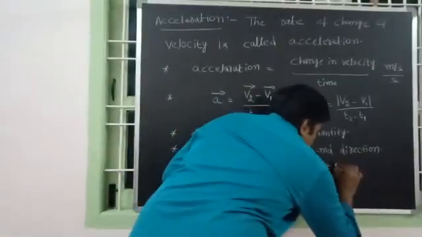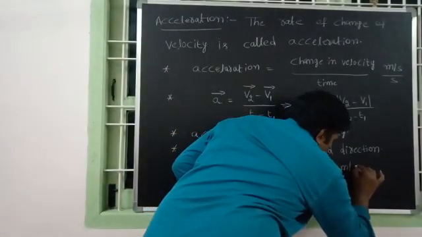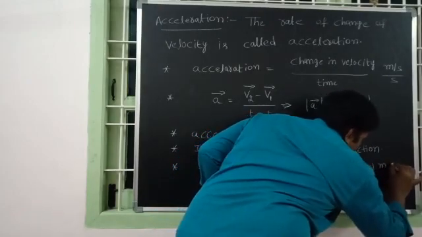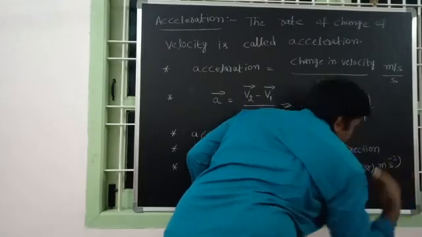In simple form, you can write meter per second square, or m s to the power of minus 2.